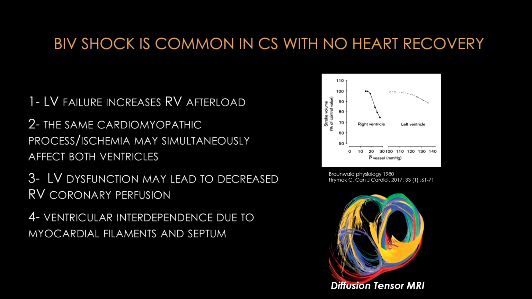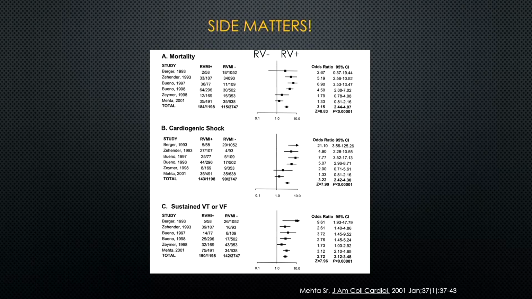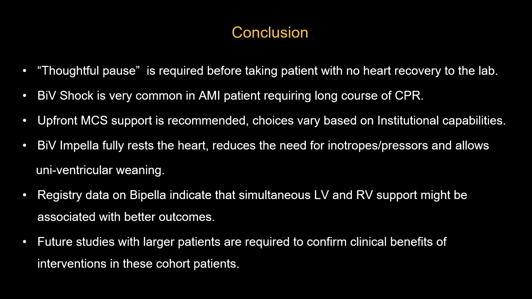A lot of these patients with longer arrest come in with BiV failure. And as you all know, this is a meta-analysis showing if you have RV failure, you have higher mortality, higher cardiogenic shock, and higher chance of fatal rhythms. So a very sick group of people.